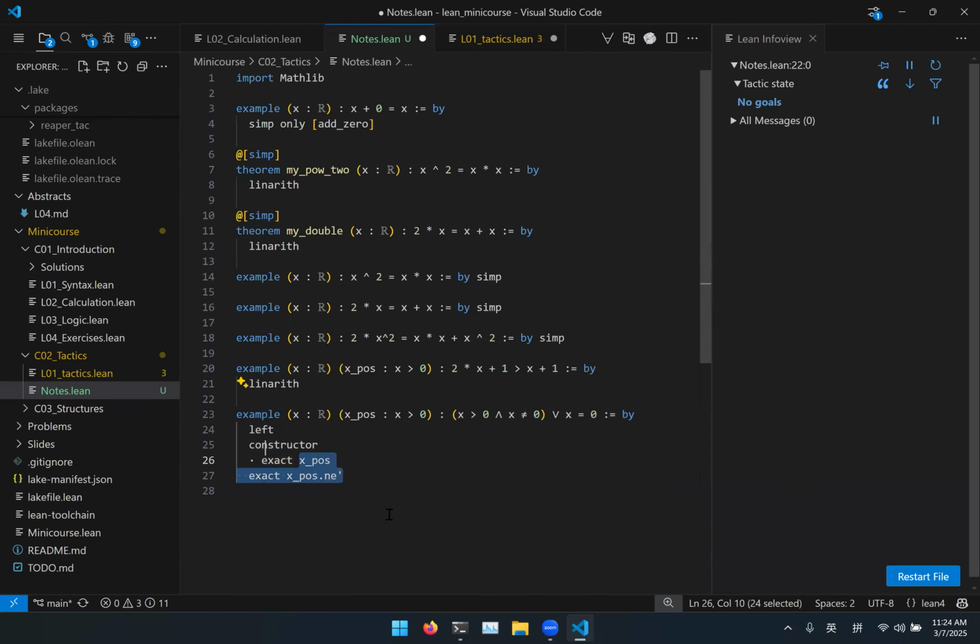And here we get the proof. We can see that each part of the proof is very simple, maybe just one line. And in this case, you can use tauto to solve this.